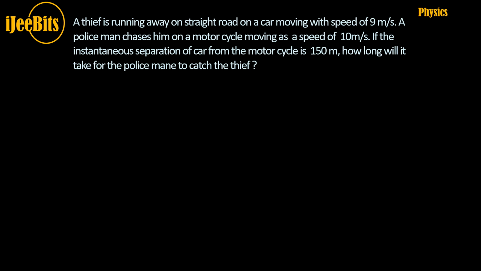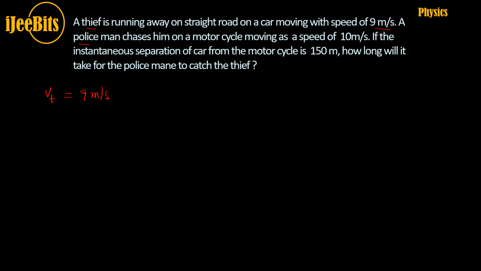If you look at it, there are two people, right? Thief and the policeman. That is a hint. Thief is having a car moving with a speed of 9 meters per second. So velocity of thief is given. How much? 9 meters per second. Now, the policeman chases him on a motorcycle moving at a speed of 10 meters per second.